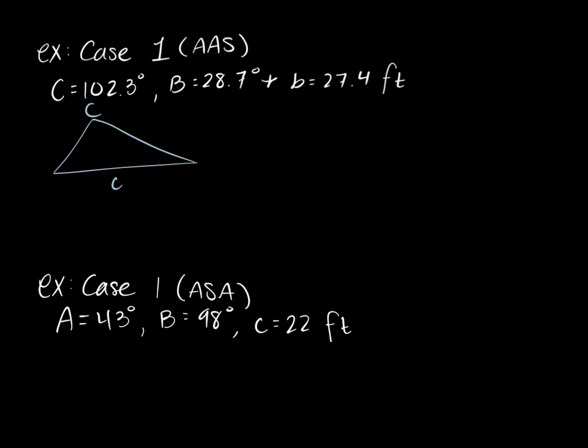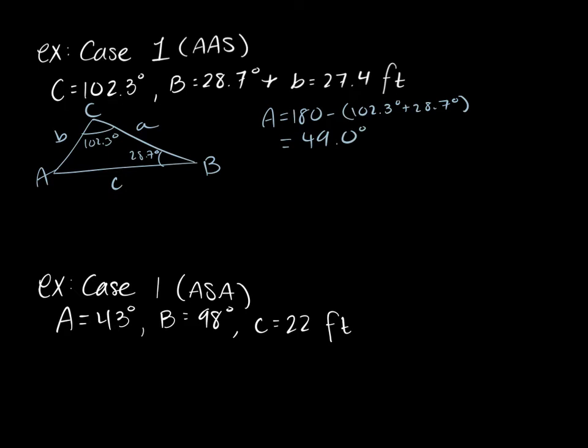Opposite angle C is side c, and likewise a and b. We know that angle C is 102.3. We know that angle B is 28.7. And in order to find angle A, we're going to do 180 minus the sum of 102.3 and 28.7. And this adds up to 49.0 degrees.